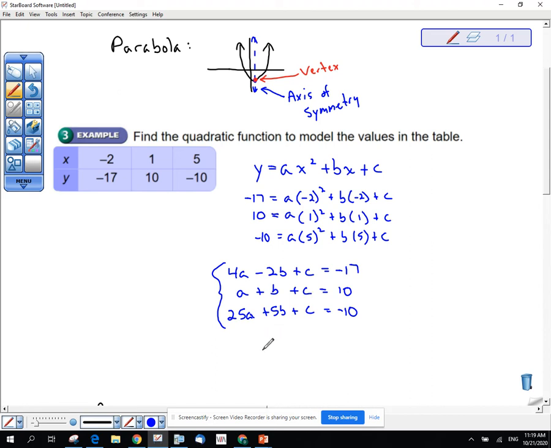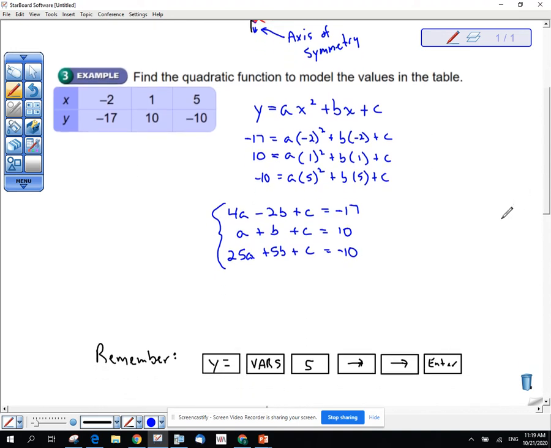Sorry, I jumped ahead of myself just a little bit. You would want to show the matrix setup: 4, -2, 1, 1, 1, 1, 25, 5, 1.